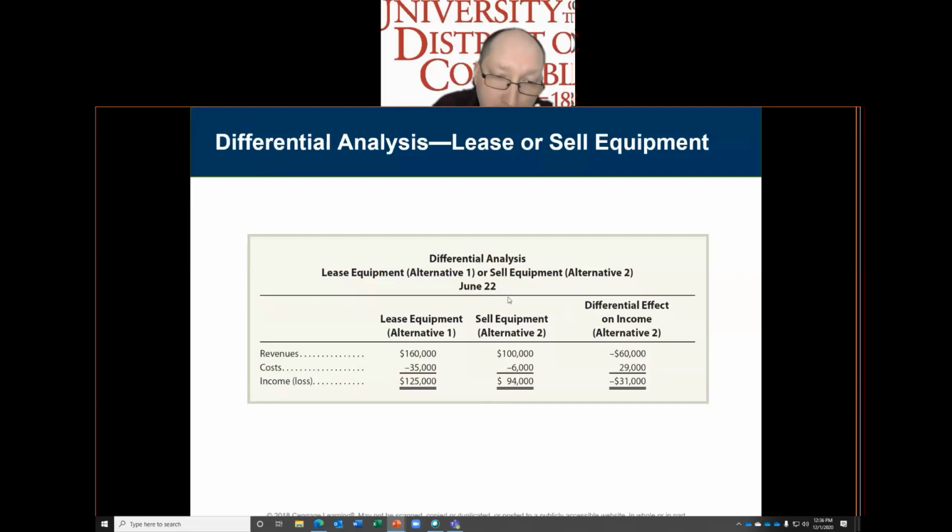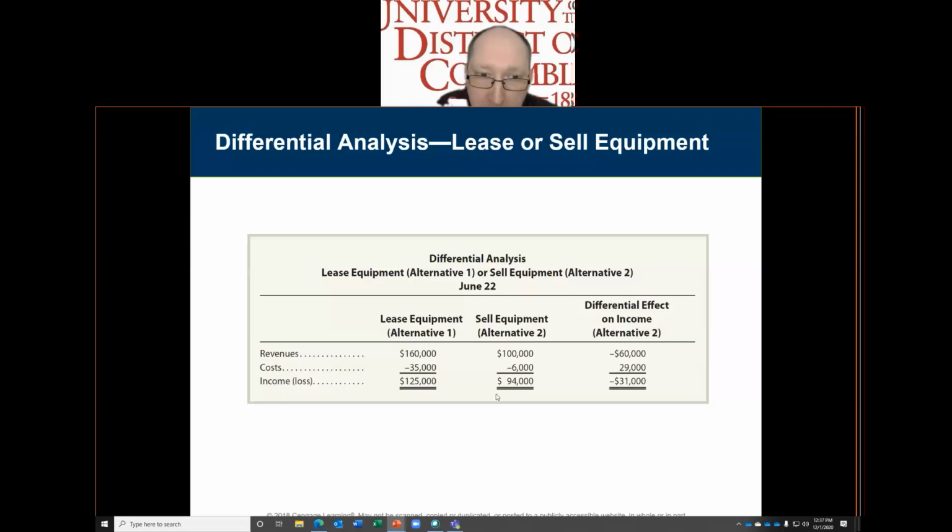Alternative 2 minus alternative 1 is $100,000 minus $160,000, which is negative $60,000. The cost difference is $29,000: $6,000 minus $35,000 is negative $29,000. Two minuses, right? Then we have the difference in income, $31,000: 94 minus 125 is negative 31.